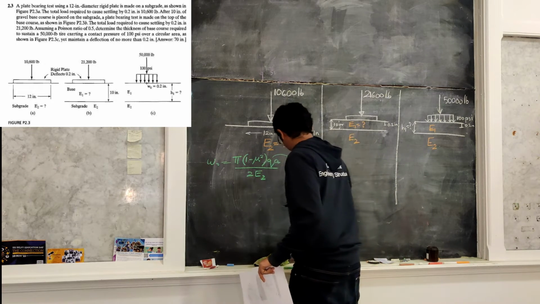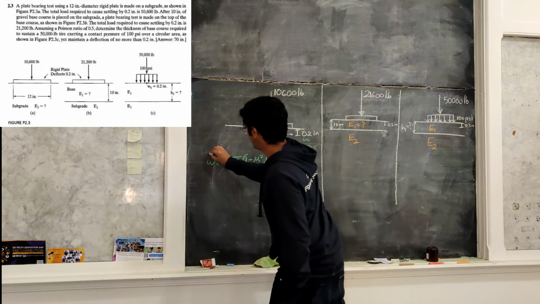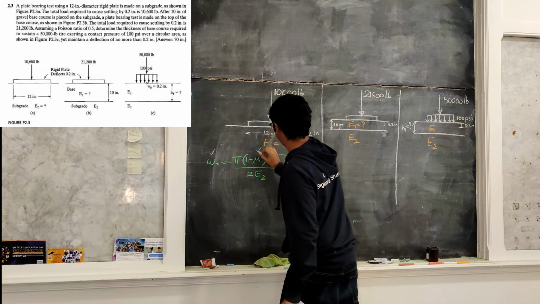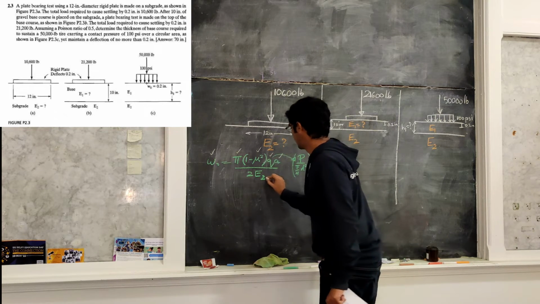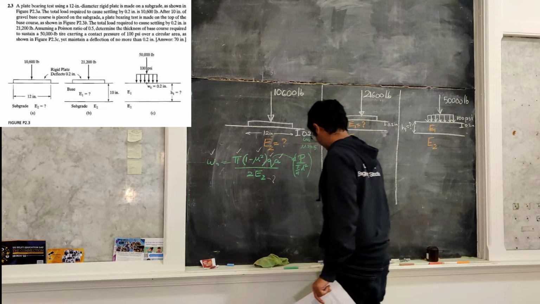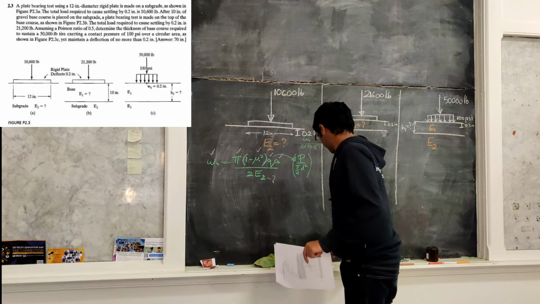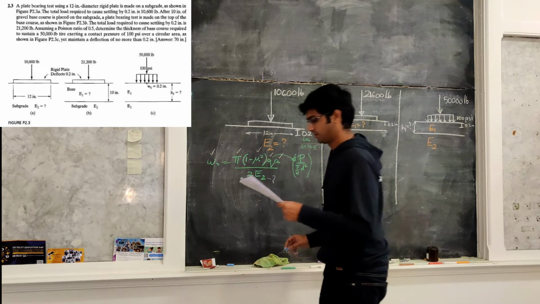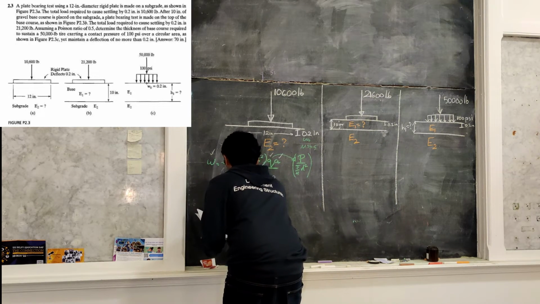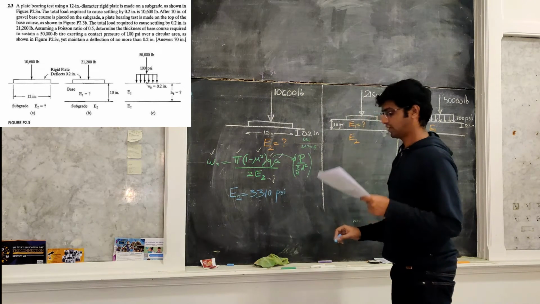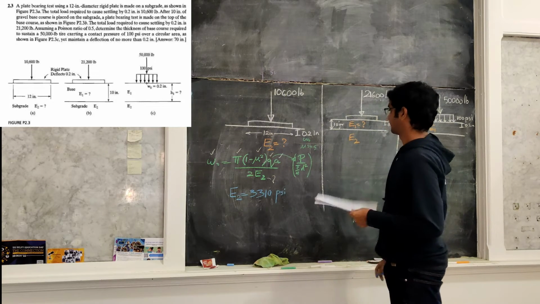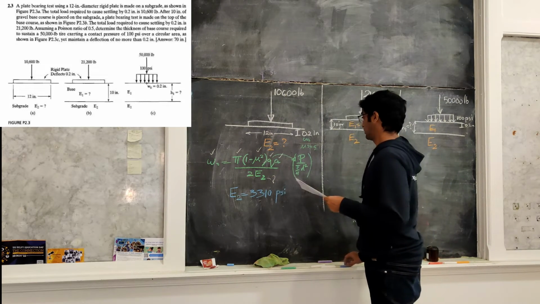In this, you already know W0, pi, mu, Q is P by area, A you know. The only unknown is E2. From this, you can get E2, which is 3310 psi. Okay, that's all for case 1.